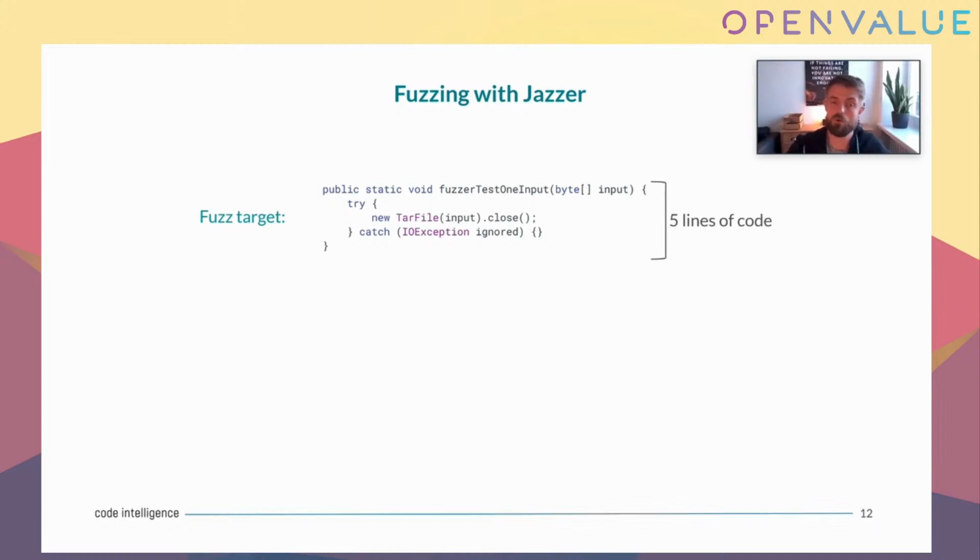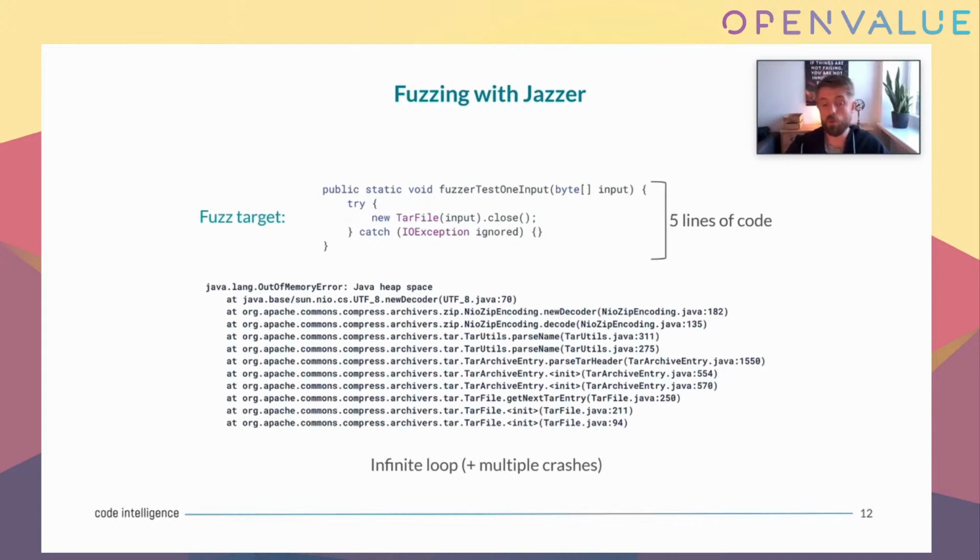During fuzzing, in an infinite loop, you would generate a lot of different data, open the tar file, try to parse it, and then run it again. It's just 5 lines of code. What we found there is, for instance, an infinite loop.